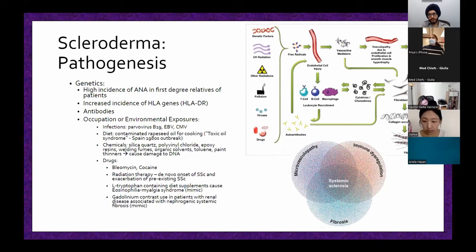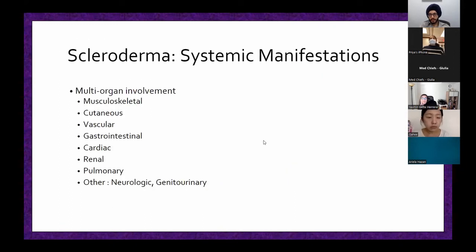Also, the vasoactive mediators can increase fibroblast activation and accumulation of collagen, which leads to fibrosis of the skin and organs, and also the chemicals, chemokines, and cytokines then affect the immune system cells to basically cause the threefold injury to the body in terms of microvasculopathy, immune dysregulation, and fibrosis as a cornerstone for systemic sclerosis.